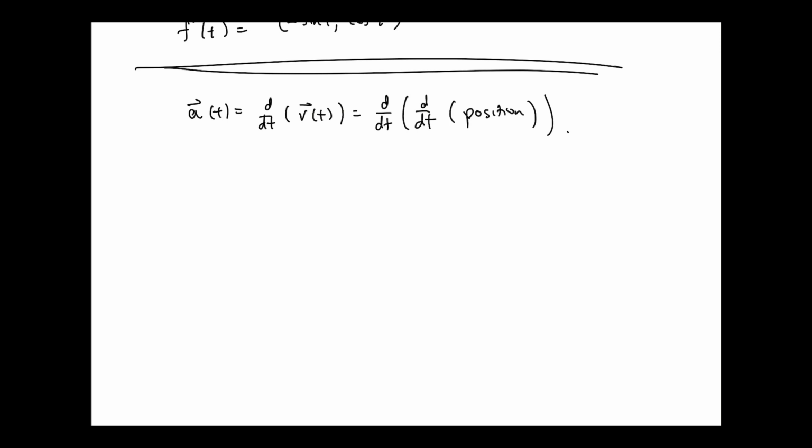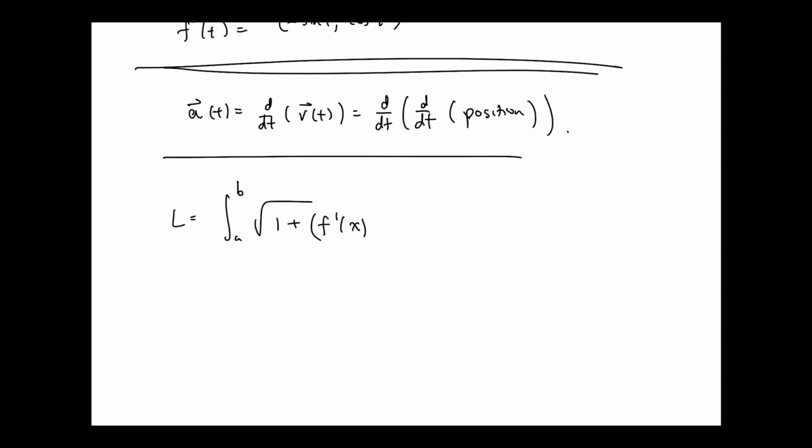All right, so concavity we can talk about. Could we also talk about arc length? Yeah, and the arc length formula in parametric form is kind of nice. So what was the arc length formula in regular coordinates? It was this, correct?